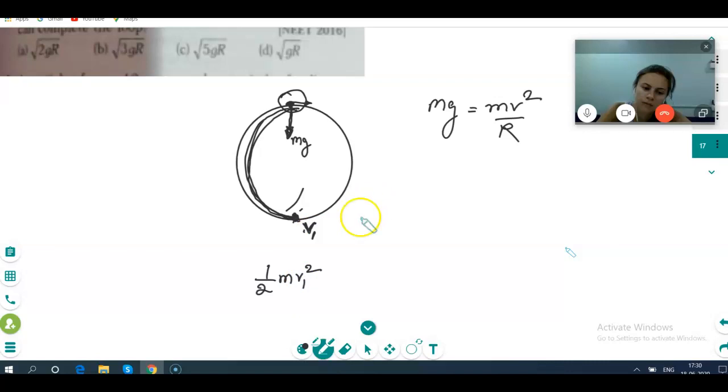Some of the energy goes to the top, so it will acquire potential energy. Kinetic energy is transformed into potential, not all of it, because velocity is also required at the top. Have you understood or not?